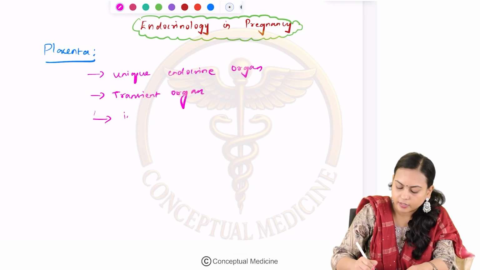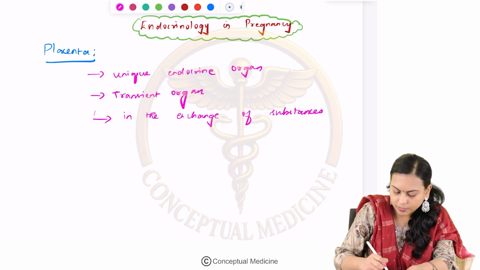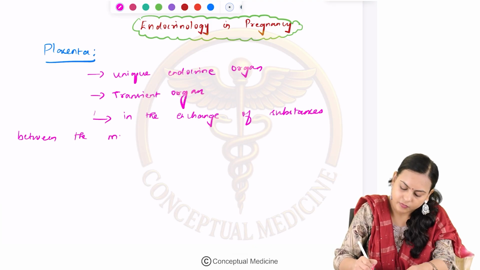It is involved in the exchange of substances between the mother and the fetus.